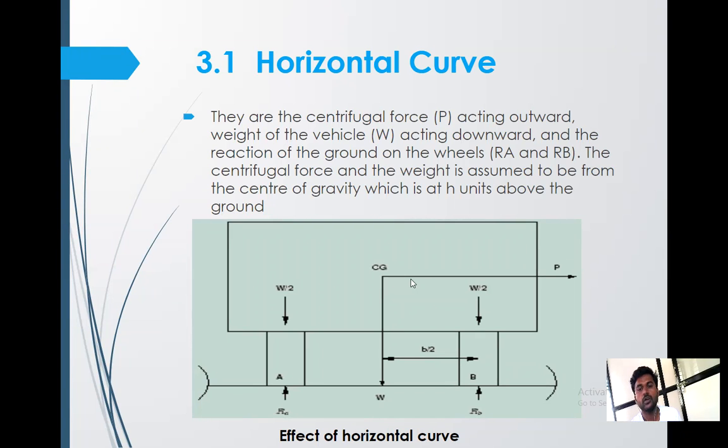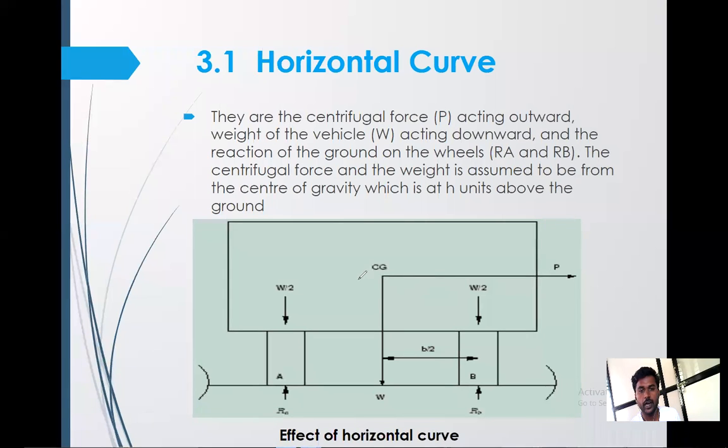Okay, what we have assumed, the CG height from the surface of the road is h and the wheelbase is b. Those are two important notations that we have seen. Okay, what is h? This height of CG I will show here. Please see, from the CG to road surface, the height is taken as small h, and from wheel A to wheel B, this distance is taken as wheelbase small b.